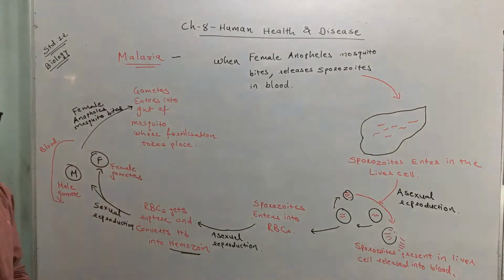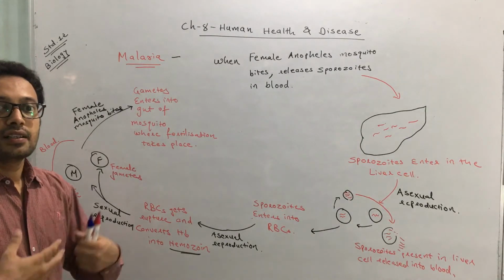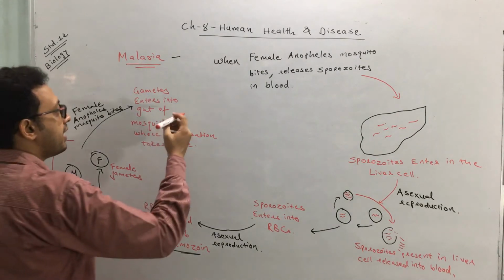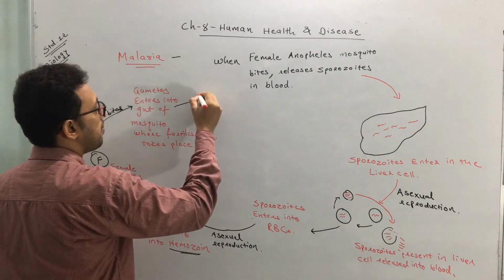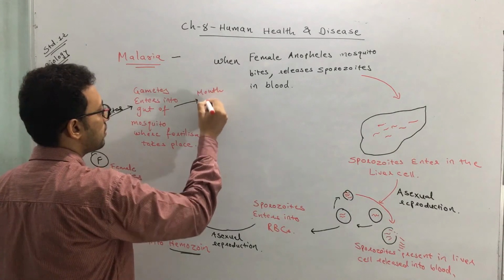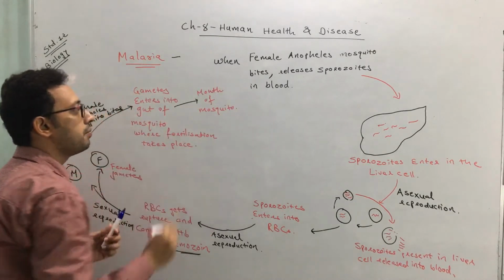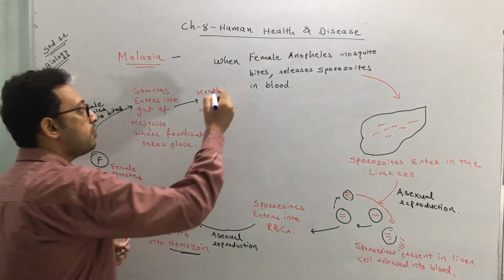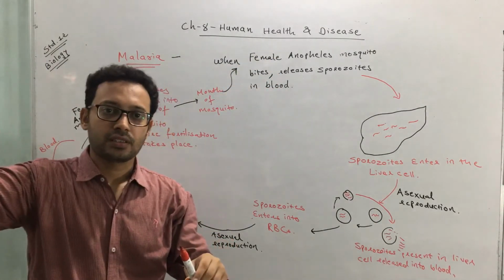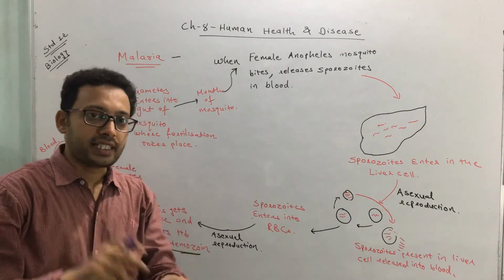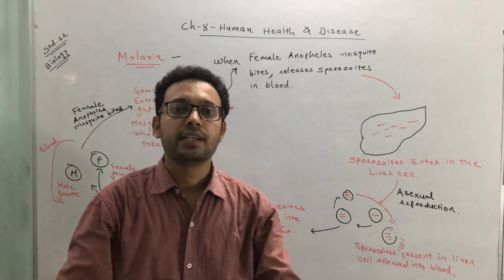Now once they fuse, they become mature. Once they become mature, they enter into the mouth of the mosquito. When this mosquito bites some other person, it transfers the parasites to another person, and thus it is going to be transmitted.